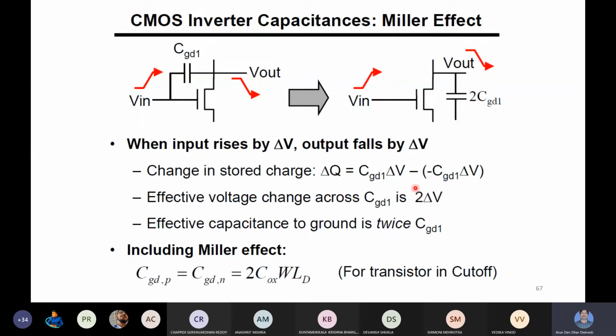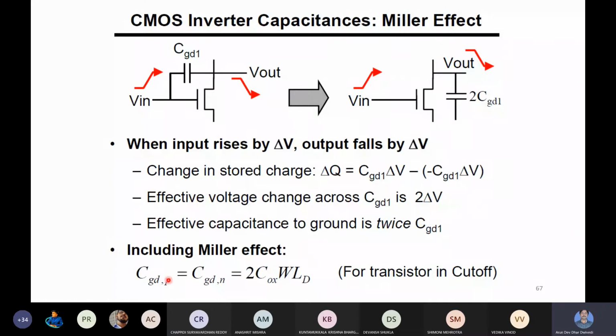Whatever charge is transferred should be calculated by including the whole change of voltage together. So delta Q is CGD1 delta V plus CGD1 delta V, double. So 2 delta V is there, therefore CGD1 appears as 2 times CGD1.